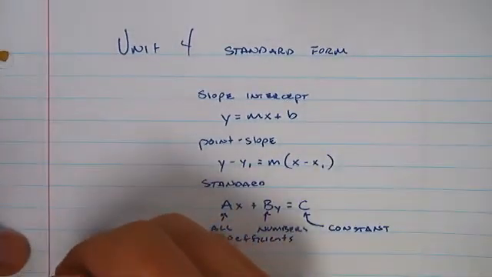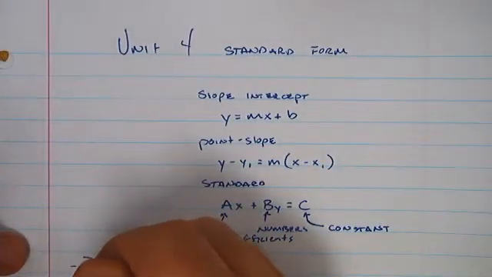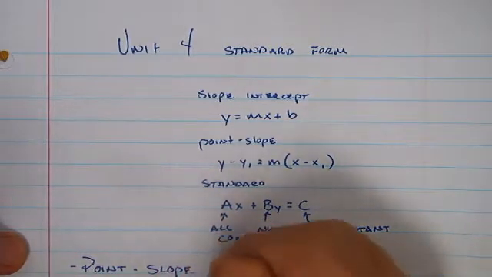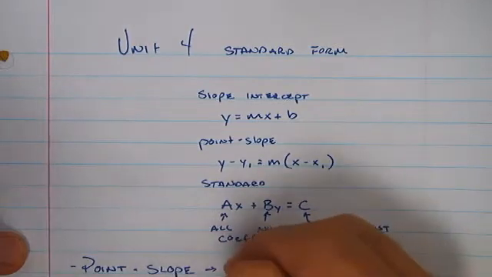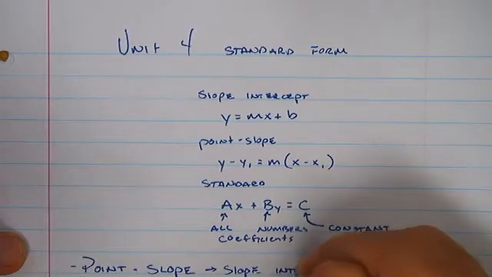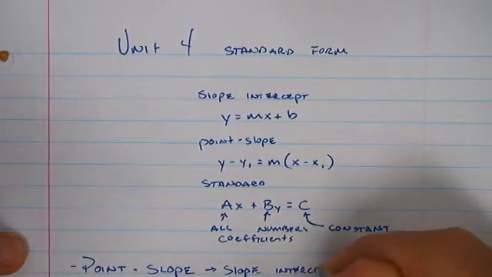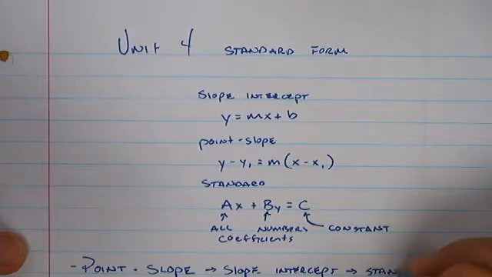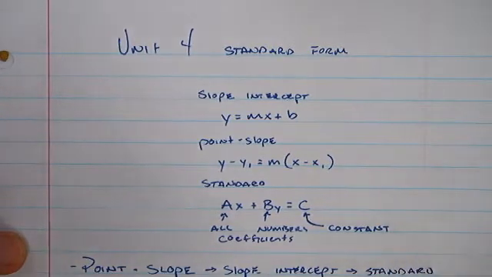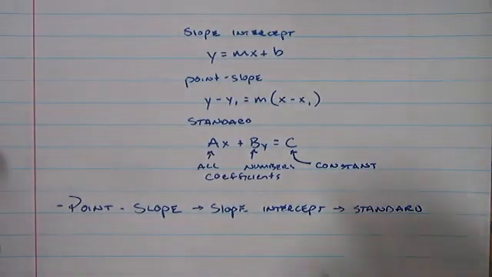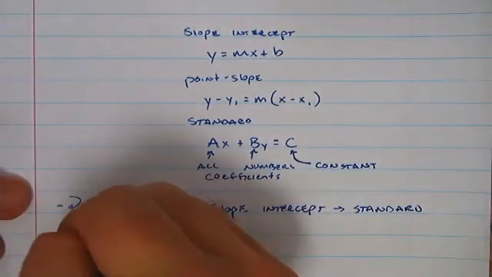So we're going to go from point slope to slope intercept to standard. We're just going to transition between the three with one equation.